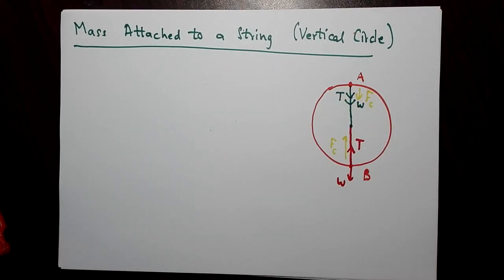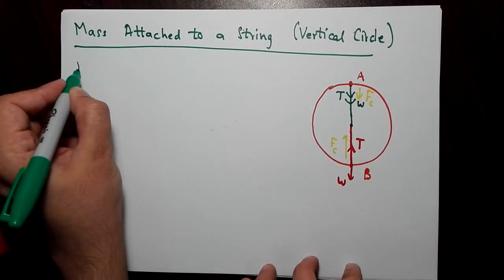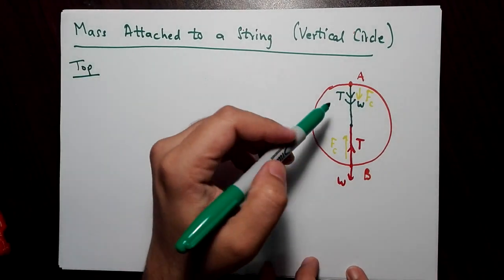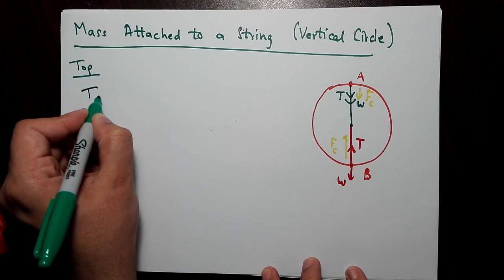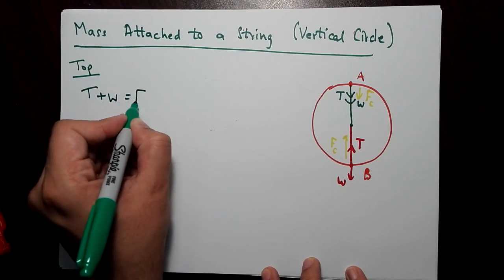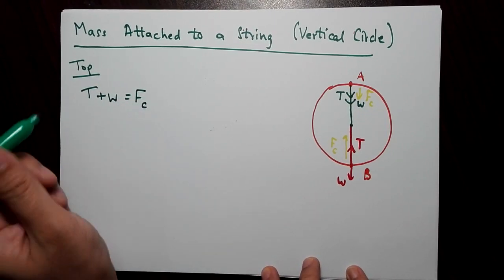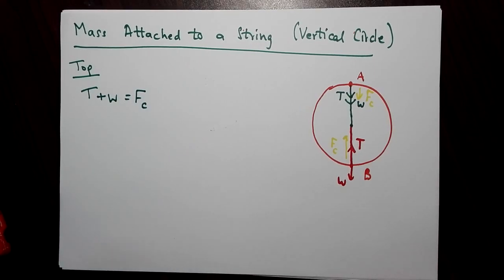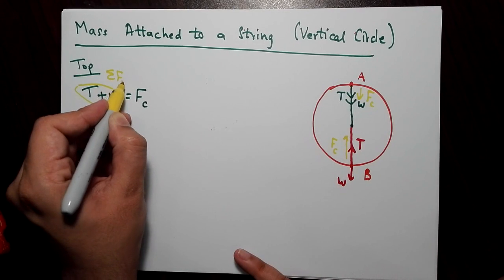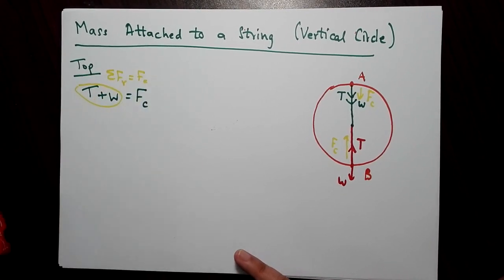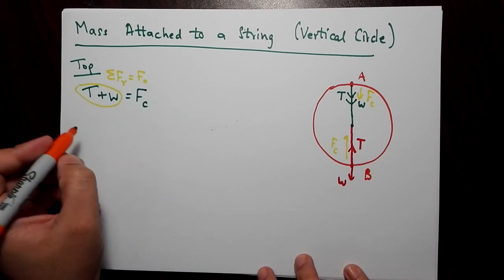So let's look at the top. At the top, what is the equation? Tension plus weight is equal to the centripetal force. These are the sum of your radial forces, and that's equal to the centripetal force. And you can further solve this.